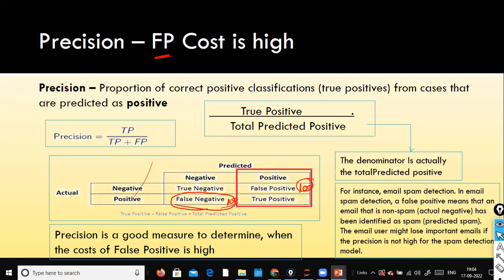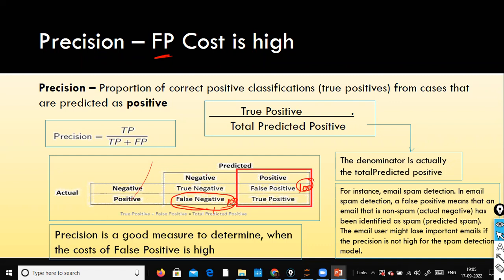Maybe these 100 people are at the initial stage of cancer, and the model wrongly predicted they do not have cancer. If the model had correctly predicted it at the initial stage and they went for therapy, they might recover completely from the cancer, right? So this is unacceptable. Even if you have one record here, this is unacceptable.